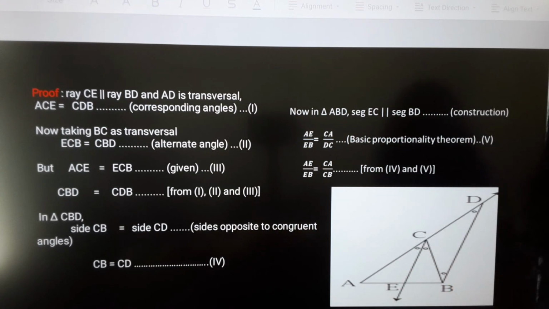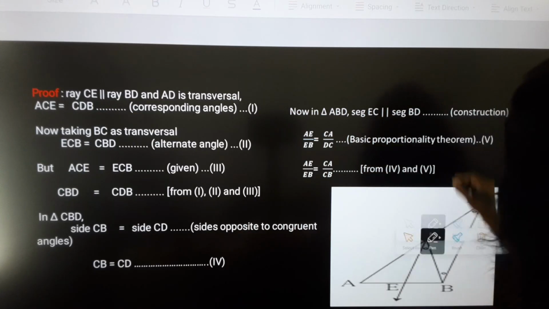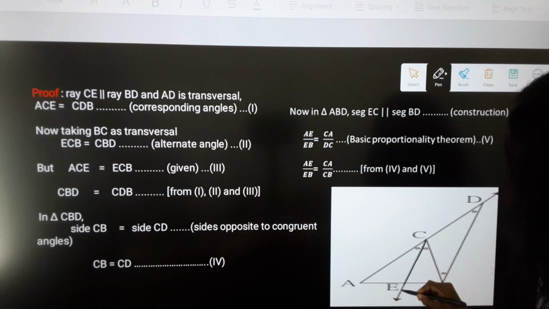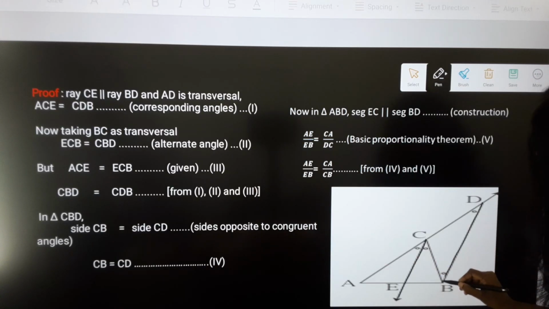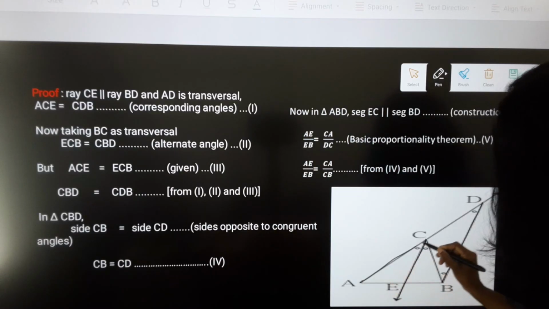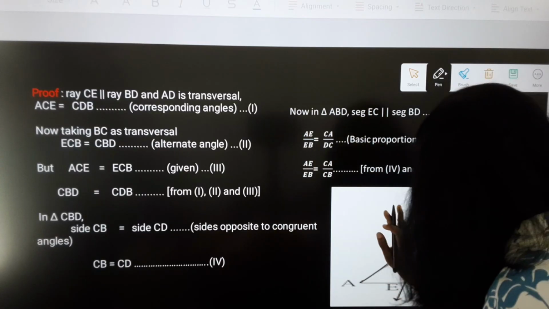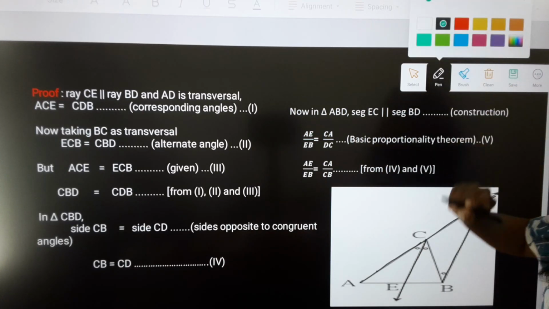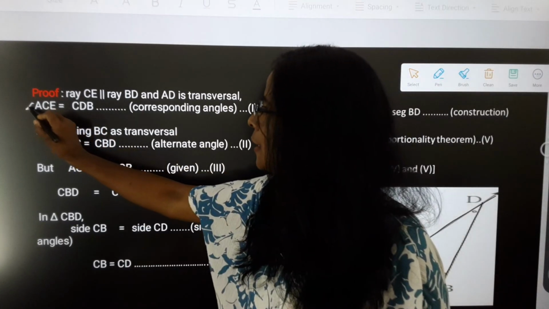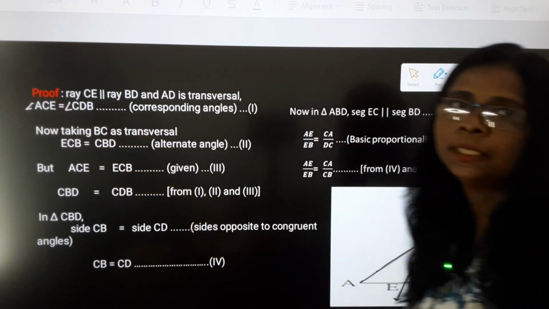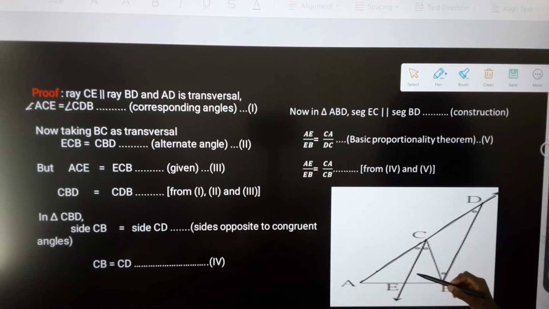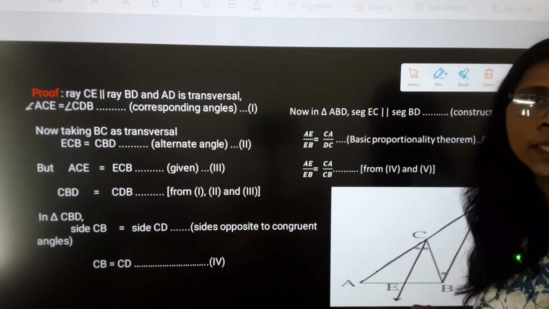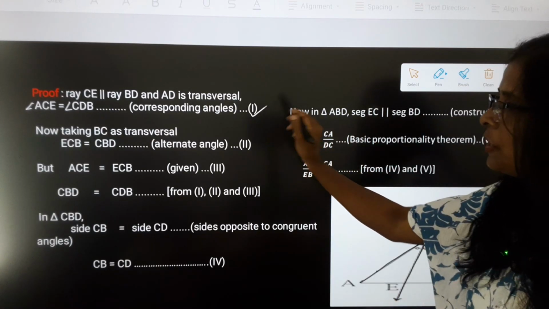So students, see here that these two rays, CE and DB, are parallel to each other, and we consider AD as a transversal. So we can say that angle ACE is equal to angle CDB. Call it the first equation, students.